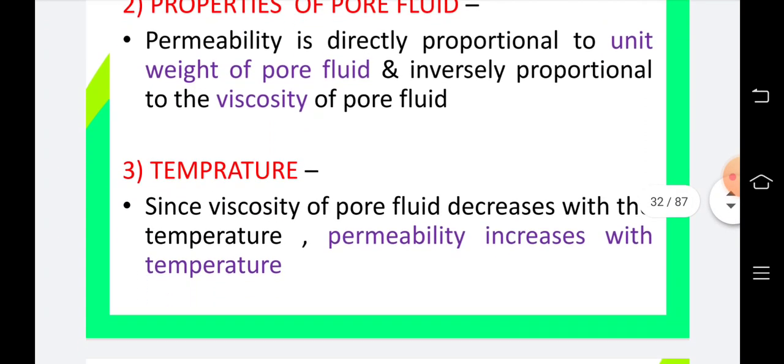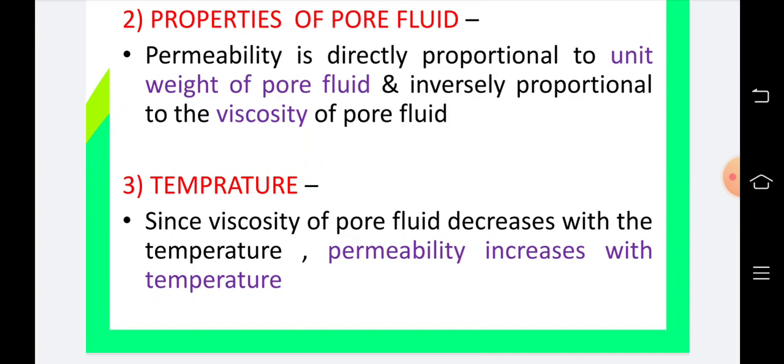Then the temperature. Since the viscosity of a pore fluid decreases with temperature, permeability increases with temperature. The more the temperature increases, the more the water can easily and freely pass through the soil sample. Due to the temperature rise, cracks form in the soil, which causes swelling and shrinkage, that is, expansion of the soil. So due to this expansion of the soil by heat, water can easily percolate through the gaps.